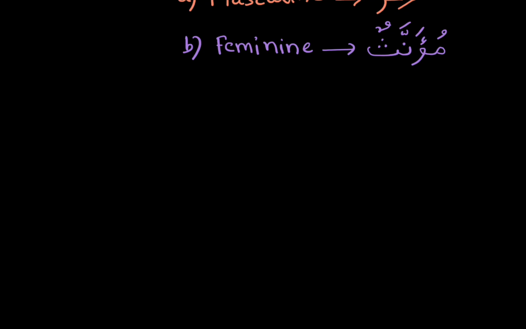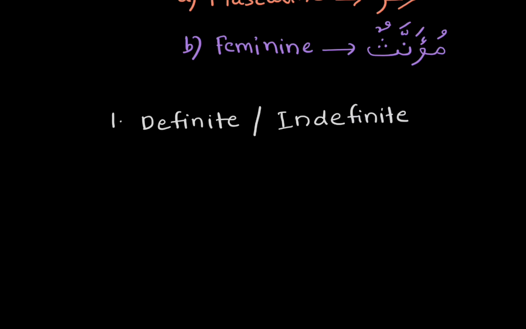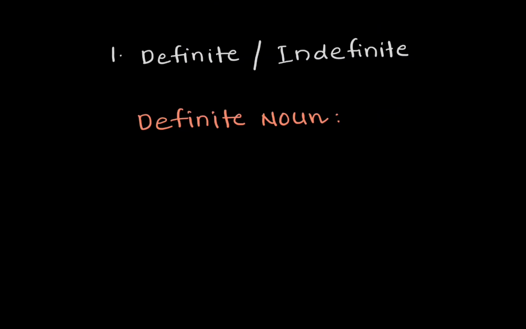Coming to the first characteristic of an ism: definite or indefinite. Now what is a definite noun?